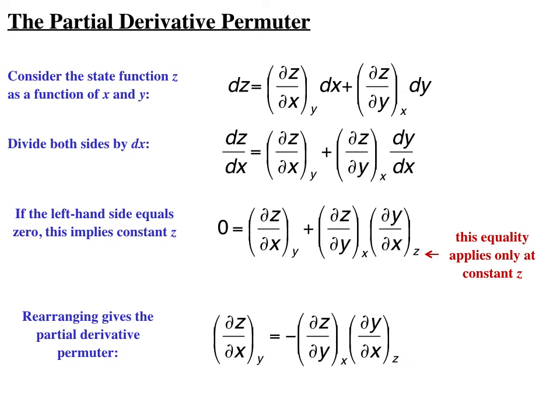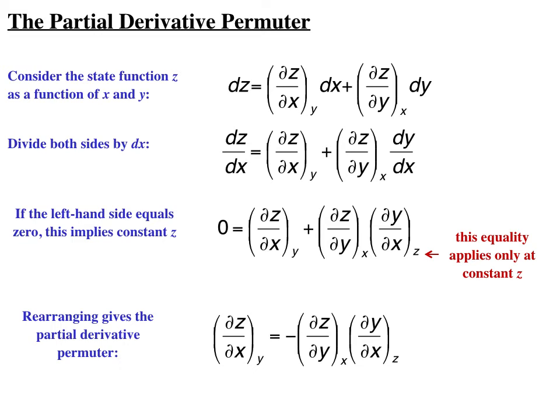It has nothing to do with the first two partial differentials that were occurring before. Now, if I want that equality of the left-hand side being 0, that is true only when dy/dx is evaluated when z is a constant. So now all I'm going to do is rearrange, moving the first term on the right-hand side over to the left, and I get this really cool fundamental behavior of partial differentials, which from now on we will call the permuter.